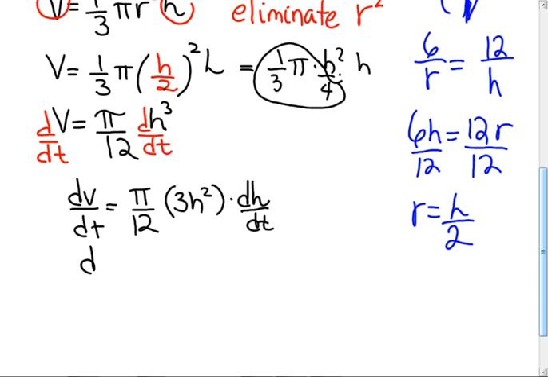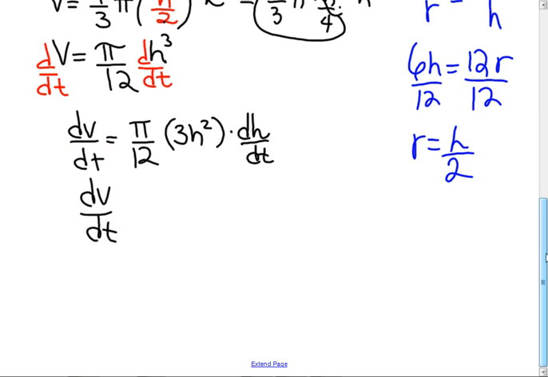I think I'm going to clean that up before I start putting some numbers in. Can I reduce the 3 and the 12? Yeah, that would be nice. So it'll be pi over 4 h squared dh/dt.